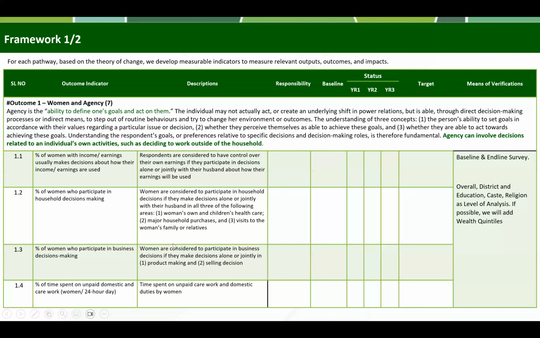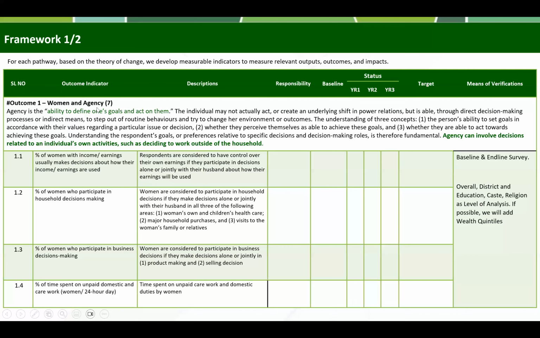So what I did in this template, which is more or less the same as the output, outcome, and impact level, is I clearly mentioned what you mean by this indicator and how I actually measure that, and I even defined women and agency. There are times people may ask you, what do you mean by women and agency, and what do you mean by agency?